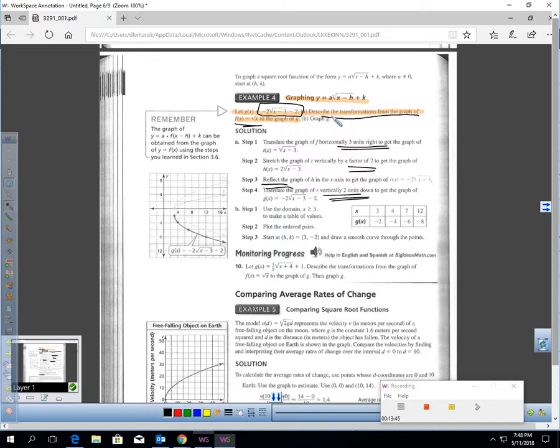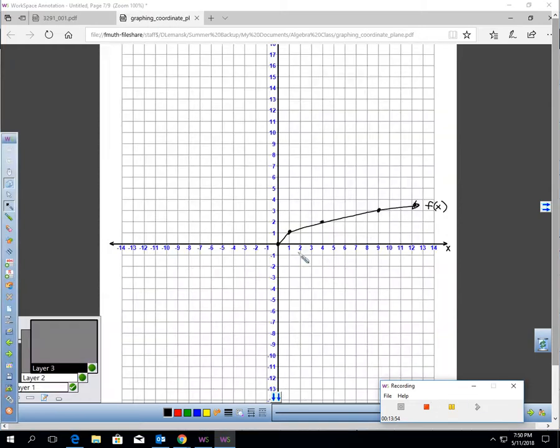Now let's actually graph that, and I'm not going to use my calculator to graph it. So here's the parent function, and this is what I want to graph. So follow along with me. I'm going to take a blue pen. So ready? It says reflect and stretch by a factor of 2. So this point at 0, 0, it's not moving. It's on 0. 0 times anything won't move, but these other points that are not on 0 will.